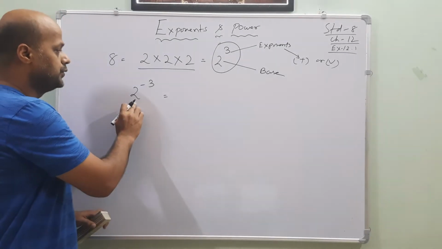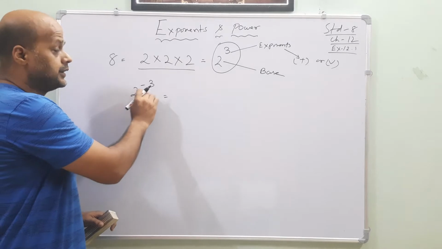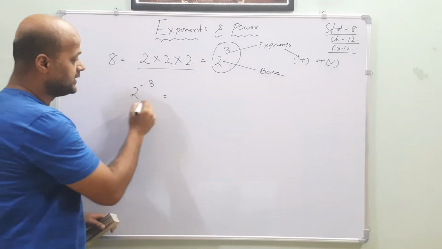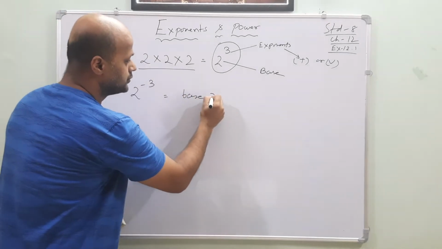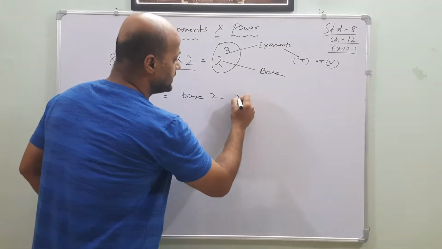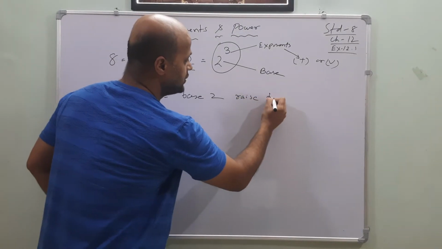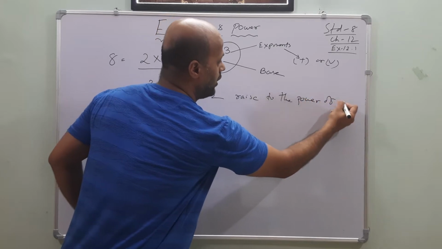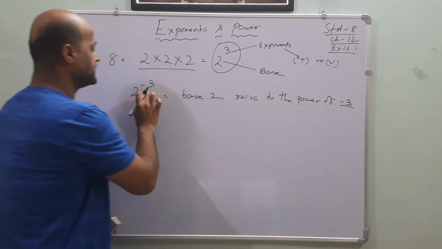Yes, 2 raised to the power of minus 3. Here the base is 2, and it is read as raised to the power of minus 3 because minus is there.